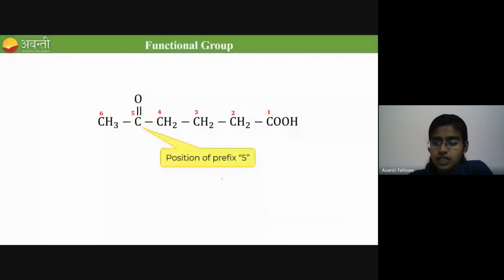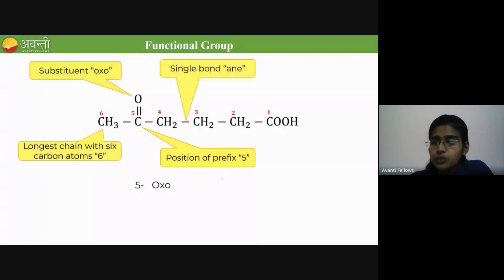Okay. Now this particular substituent, which is ketone, is in the 5th position. So what you have to do? It is 5-oxo. And there are only 6 carbons here, a 6 carbon single bonded system. So the root word will be hex and it is alkane.